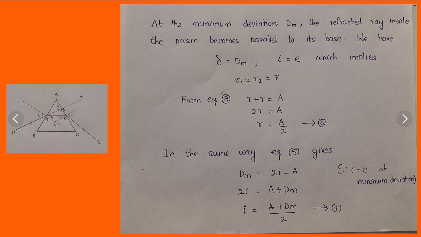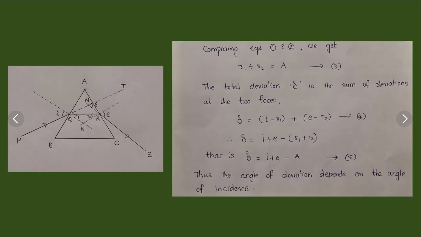So, I will take you back to equation number 3: R1 plus R2 is equal to A. At minimum deviation, I is equal to E, so R1 is equal to R2 is equal to R. Therefore, R plus R is equal to A from equation 3. Therefore, 2R is equal to A, then R is equal to A by 2.